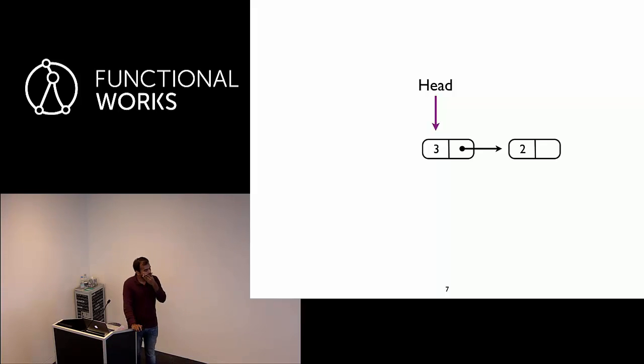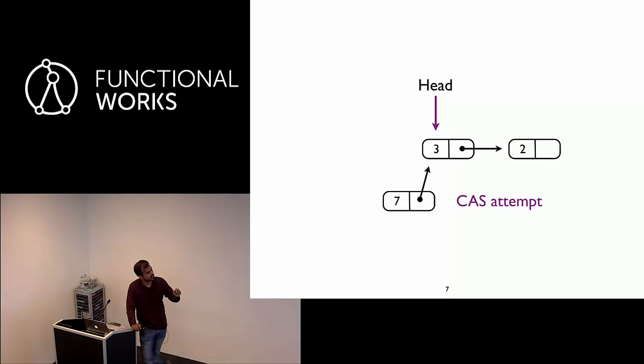In order to make some of the ideas that come up in the sequel more concrete, let's imagine that you're building a lock-free stack data structure, and head currently points to the node 3. Suppose a thread wants to push an element 7 into the stack.